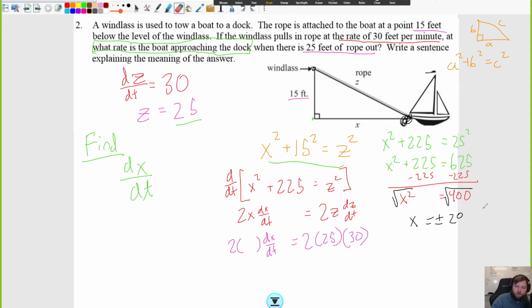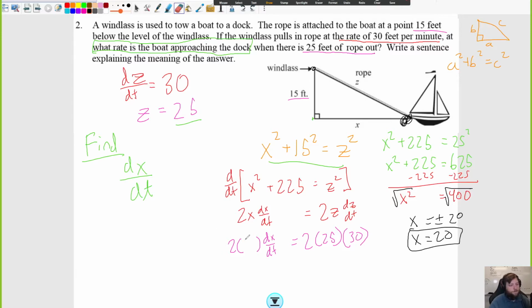This is where sometimes you have to use a reality check. Could it be negative 20? Not in this case, because we're dealing with positive distances. Negative distances wouldn't make sense. So we're just dealing with x equals 20.